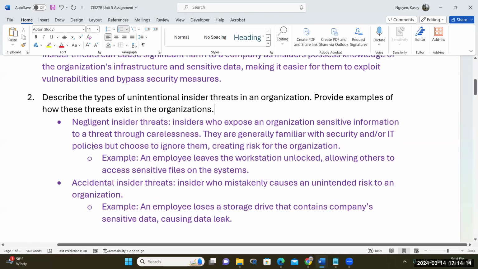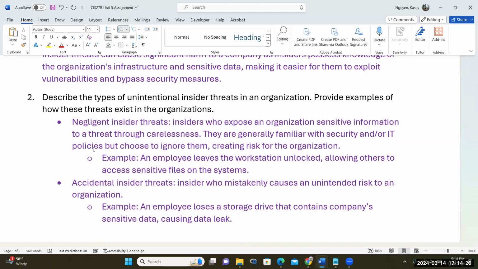And then you have accidental insider threats. These are the people who make mistakes and didn't intend to cause a certain risk. An example that I've used here is that they lost a storage drive, like a USB that contains some information they wanted to take home to work on, and they dropped it in the parking lot, for example.